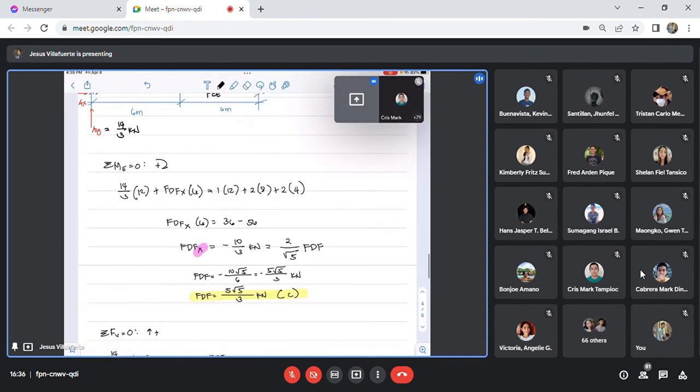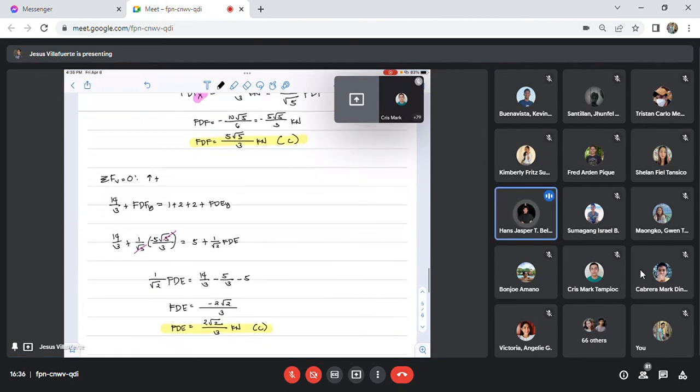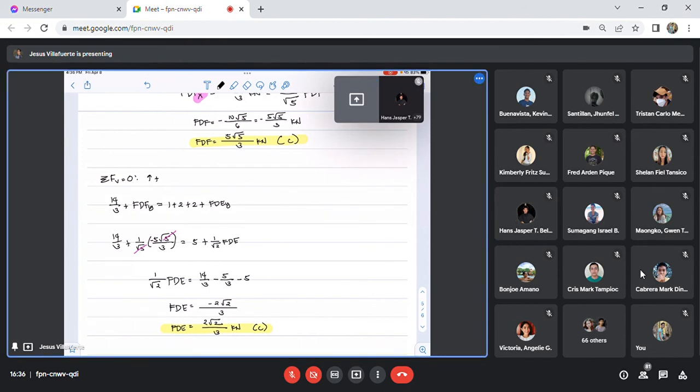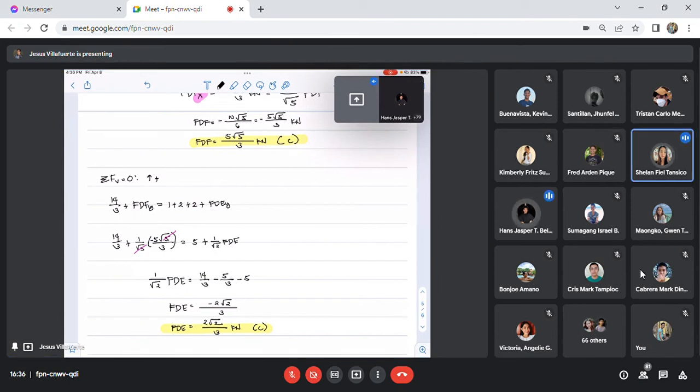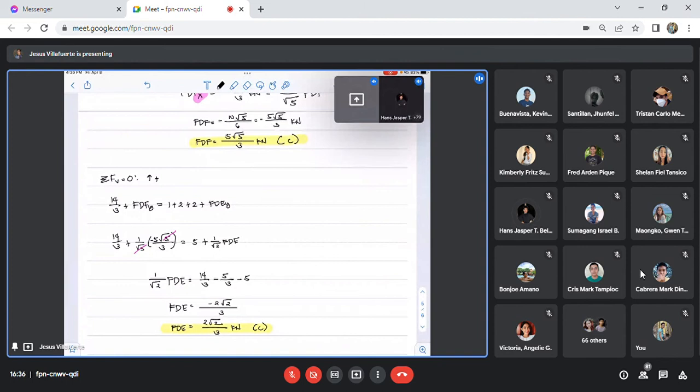Class questions? Pwede mo lang usog sa final answer, sir. This one? What do you mean? Okay, 14 minus 5 is 9 divided by 3, kay pareha man silang 3, sir. Magawas niya is 14/3 minus 5/3 minus 5, negative 2.